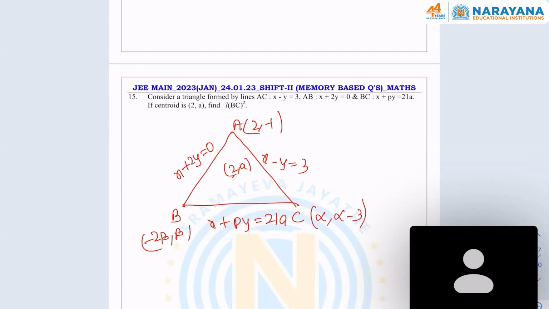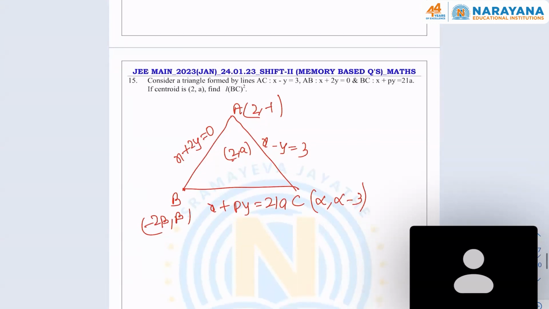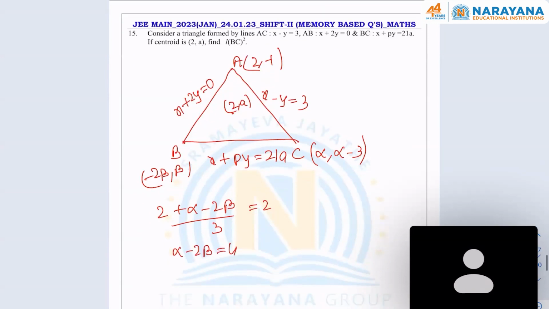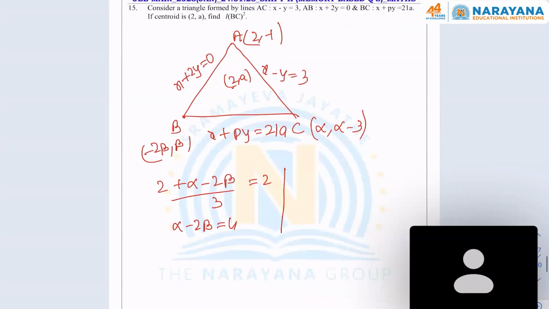Now I'll find the centroid. The x coordinate of the centroid: 2 plus alpha minus 2 beta by 3 is equal to 2. So alpha minus 2 beta is equal to 4. Next, similarly y coordinate: minus 1 plus alpha minus 3 plus beta by 3 is equal to a.